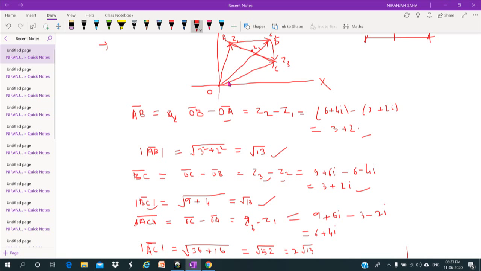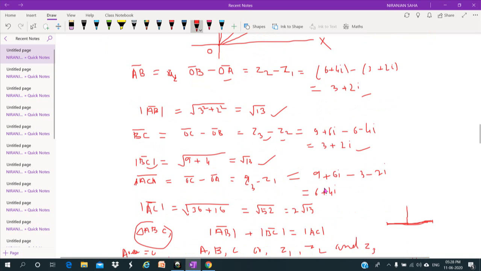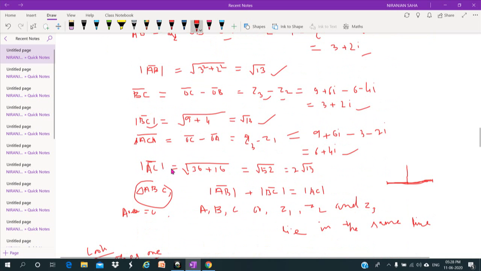Now we find what AC is. AC can be found by subtracting OC minus OA, so Z3 minus Z1, this will be 6 plus 4 iota. So the modulus of this AC complex number is 2 plus root 3.